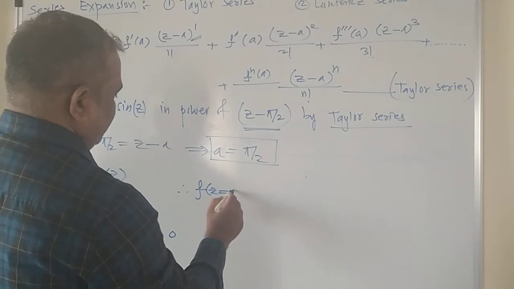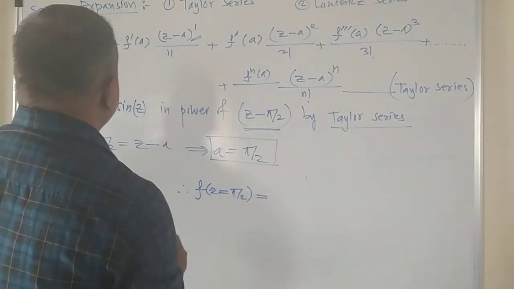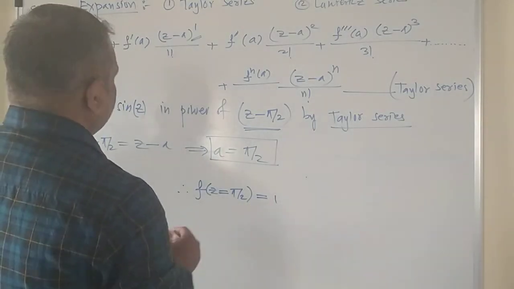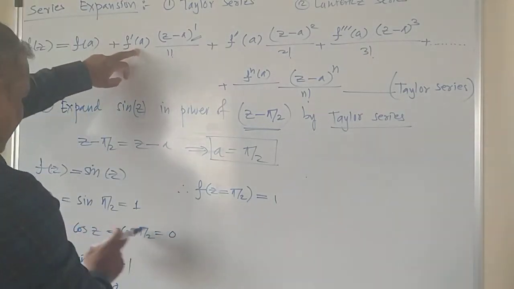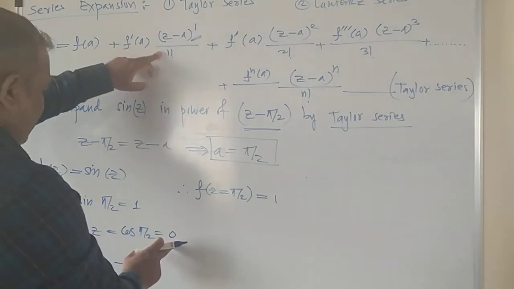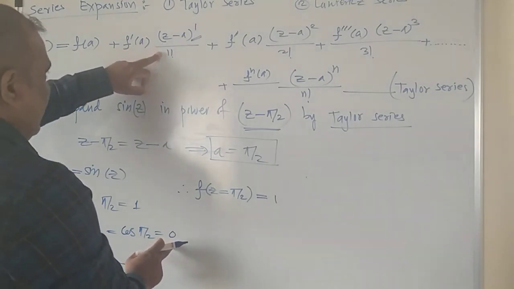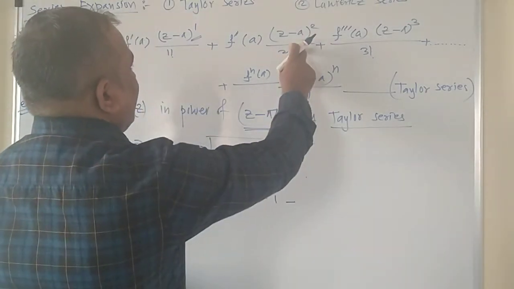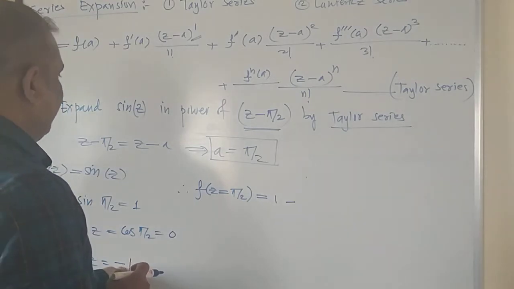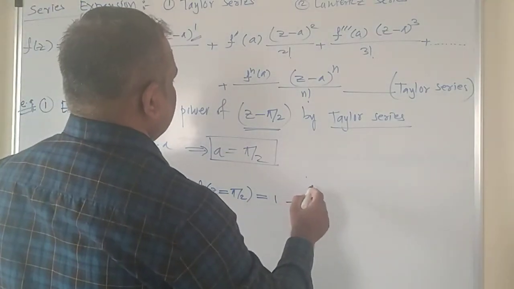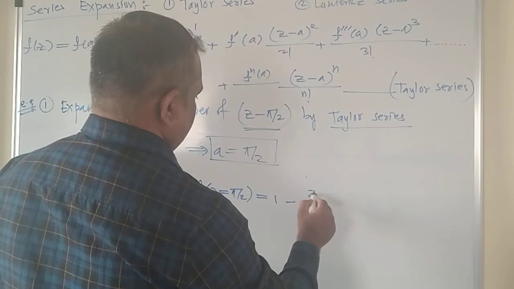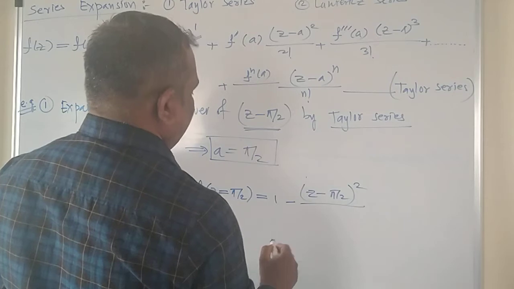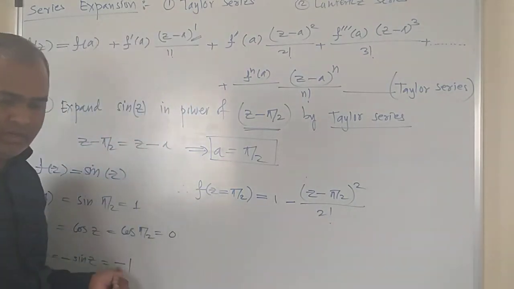So z equals pi by 2. I will write here f of a, whose value is equal to 1. f dash of a is 0, so this term will go to 0, right? f double dash of a is minus 1, so minus 1 times (z minus a), that means (z minus pi by 2) bracket squared divided by 2 factorial, isn't it?